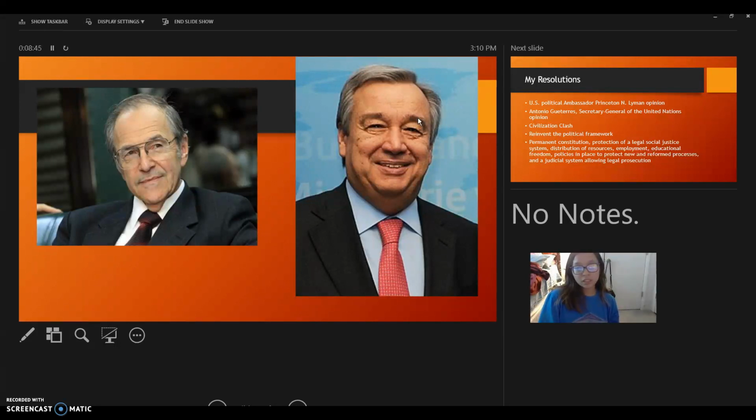And so what we need to do is reinvent the political framework. What Lyman insisted on is a need for a new political structure. And with that political structure, we need clarity on democratic rights for all of South Sudan. We need that clarity. And we also need a constitution, a set of rules that everyone can abide by, not looking around, wondering what is going on with everything in the world.